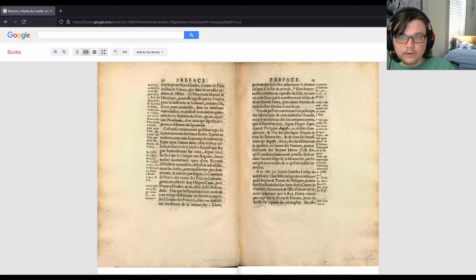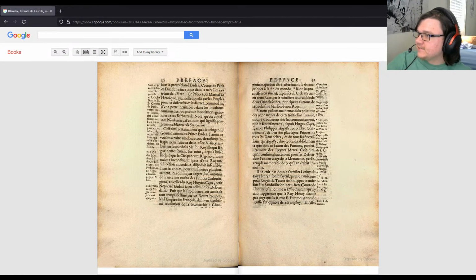Yeah, this is just random, because I'm pretty sure this is literally only about Blanche of Castile, and it's acting like it's a bunch of different Reine Mère, which I think means the Queen Mother.